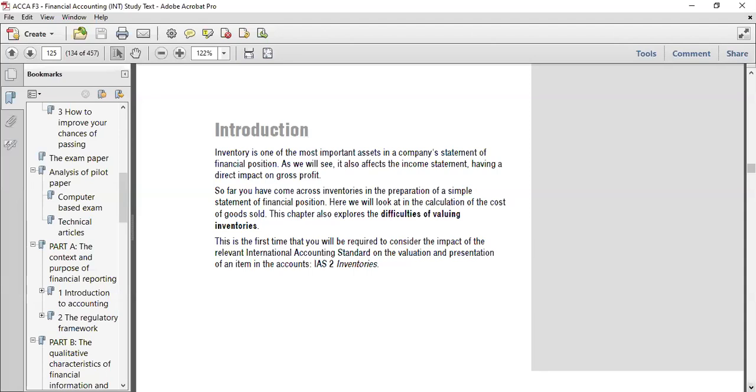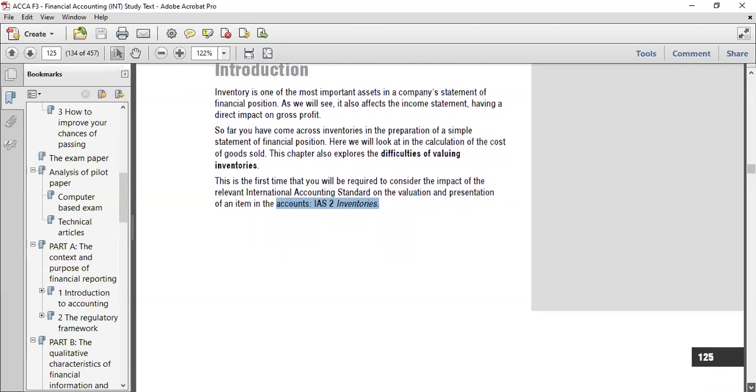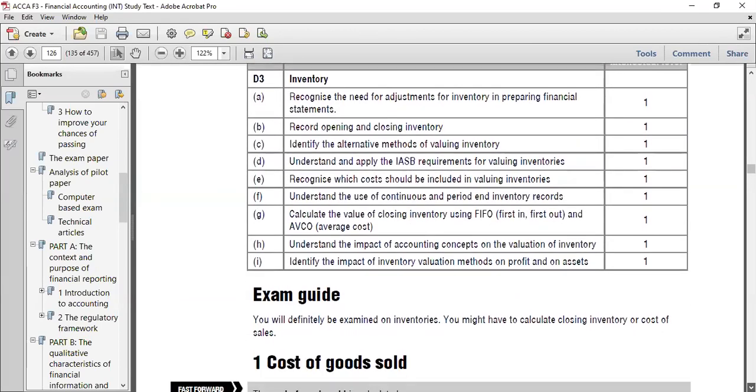It affects our profit when we are determining our gross profit, but it also goes to the balance sheet, which is your statement of financial position, under current assets. So IAS 2 gives us the guidelines for valuation, presentation and so on.